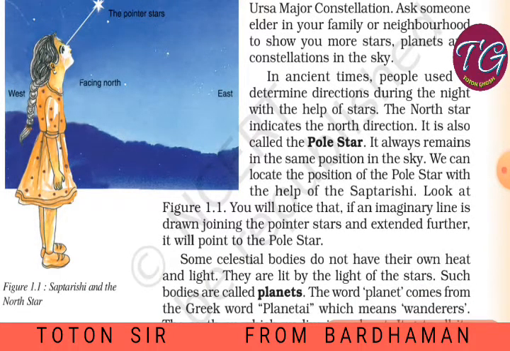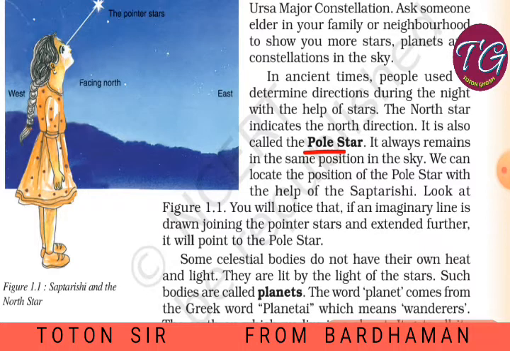Now, the next important topic is what is the pole star. In ancient times, people used to determine directions during the night with the help of the stars, because during that time they could not invent the compass.